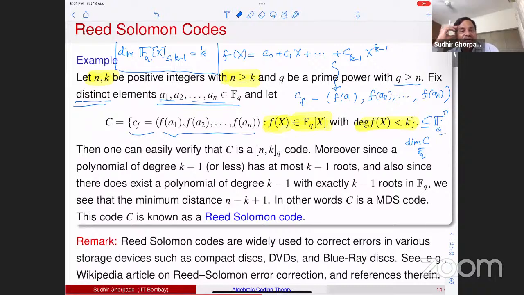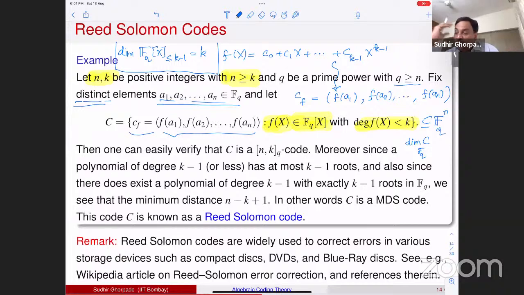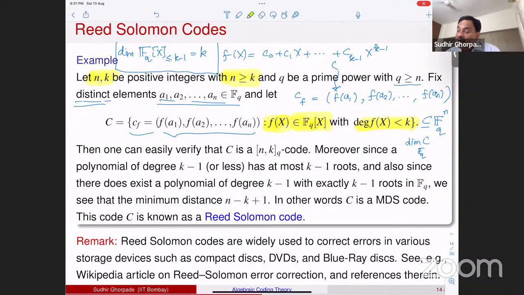That means I have this polynomial of degree less than or equal to k minus 1, and it has n distinct roots. But what is n? We had q greater than or equal to n, and n greater than or equal to k. So if it has n distinct roots, that means it has k or more roots.